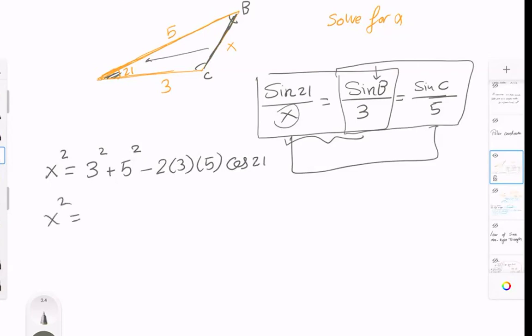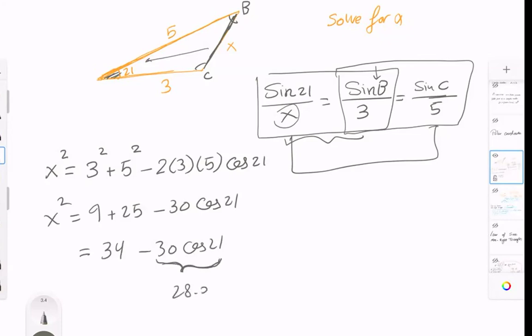So x squared equals 9 plus 25 minus 30 cosine of 21, so 34 minus 30 cosine of 21. We calculate this first: 30 multiplied by cosine of 21. Megan, can you tell me what is the answer here? It is 28.007. And 34 minus that? It is 5.997.